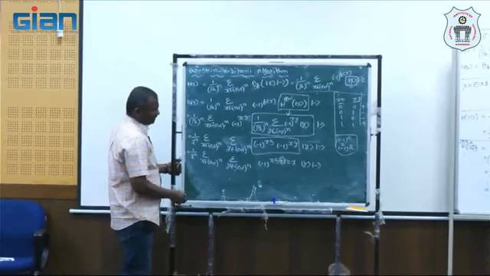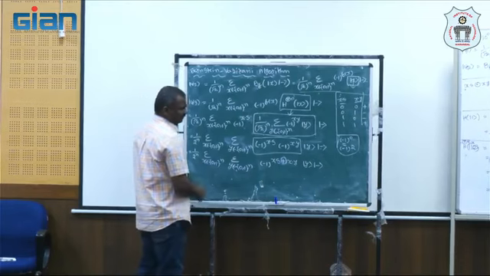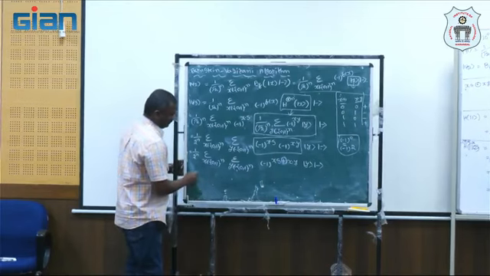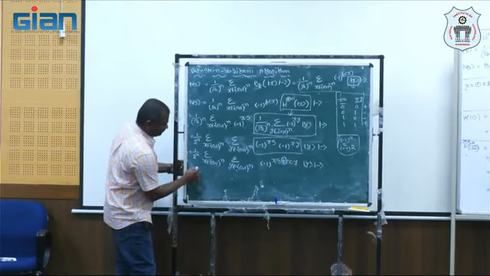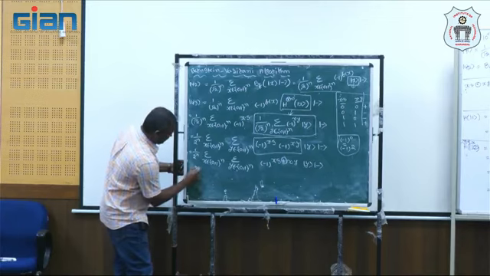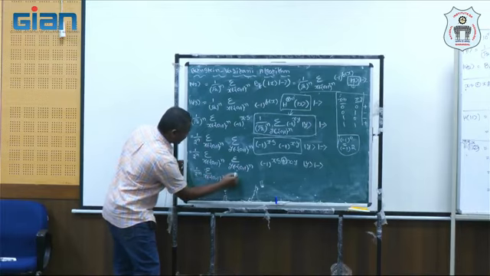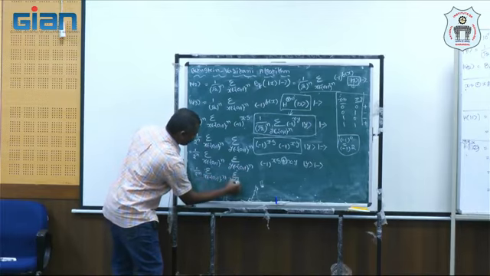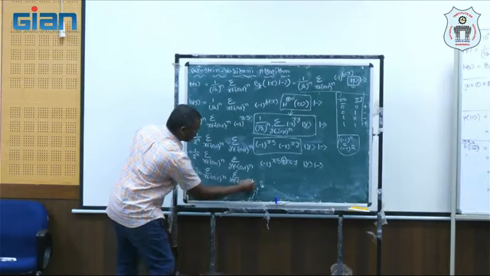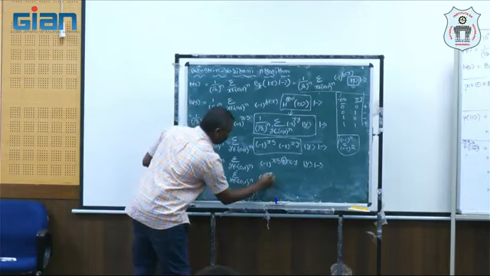Now what simplification can we do? This we can write as 1 by 2 power n, same thing, sigma x belongs to {0,1}^n, y belongs to {0,1}^n, minus 1 whole power x·(s XOR y).